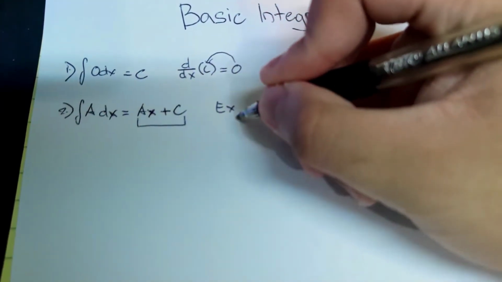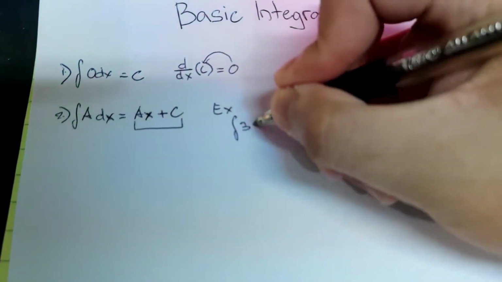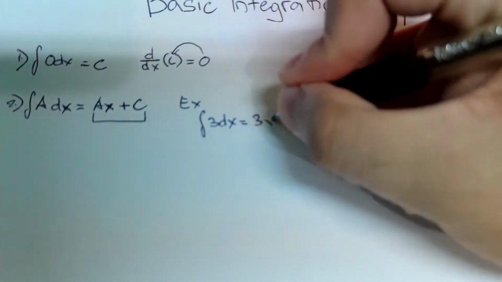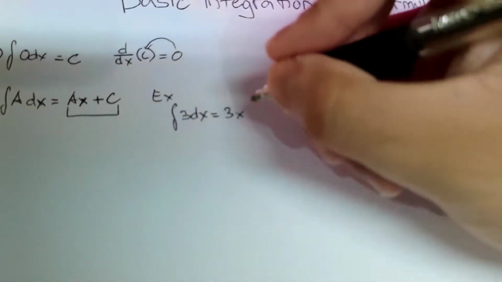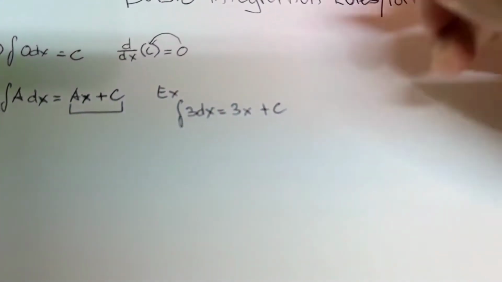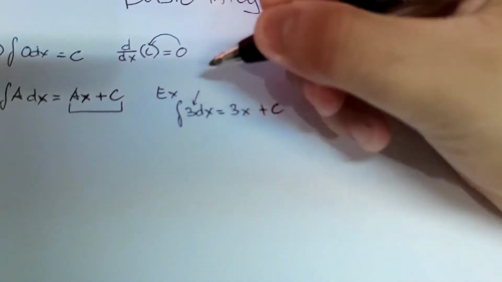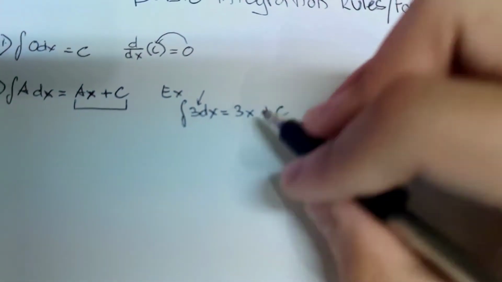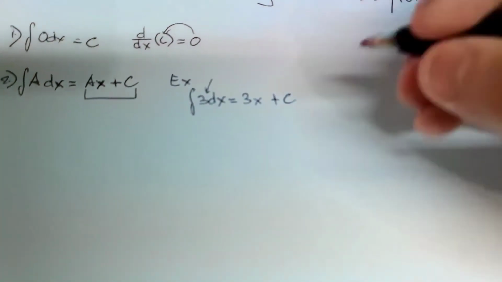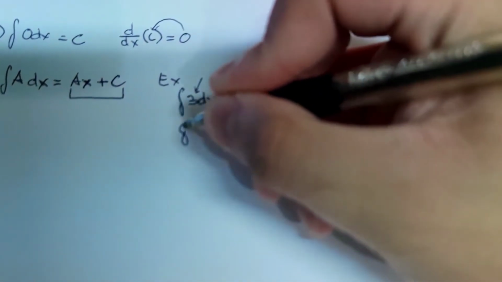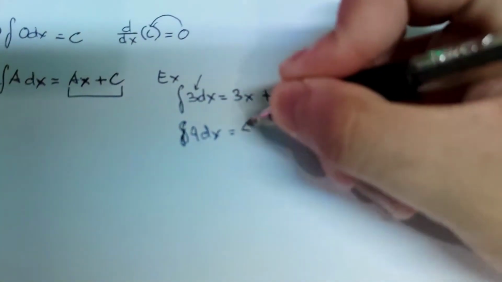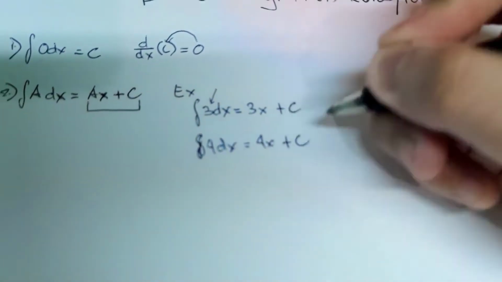Let's say we have 3 with respect to x. We put 3x, and let's add the constant of integration c. Remember, if you have a constant of 3, just add x. Another one: the integral of 4 dx is 4x plus c.